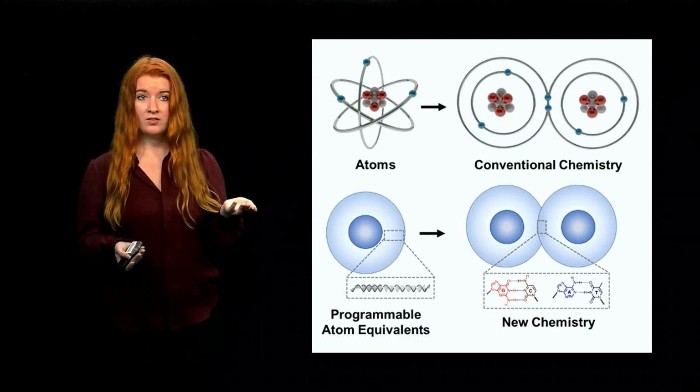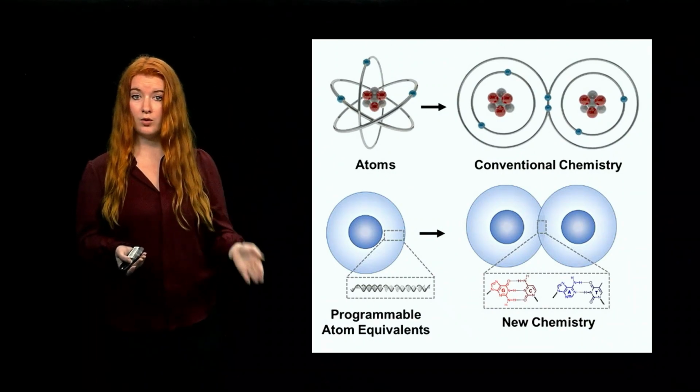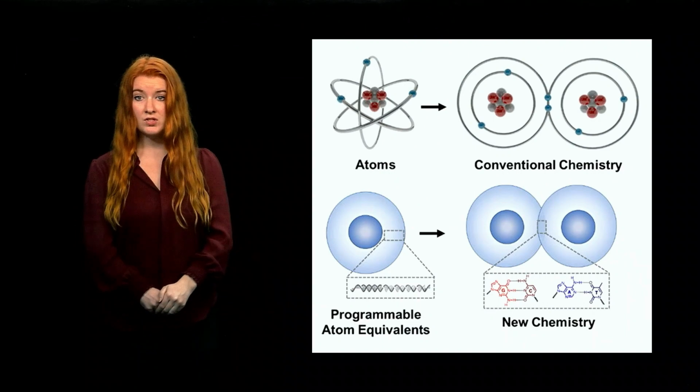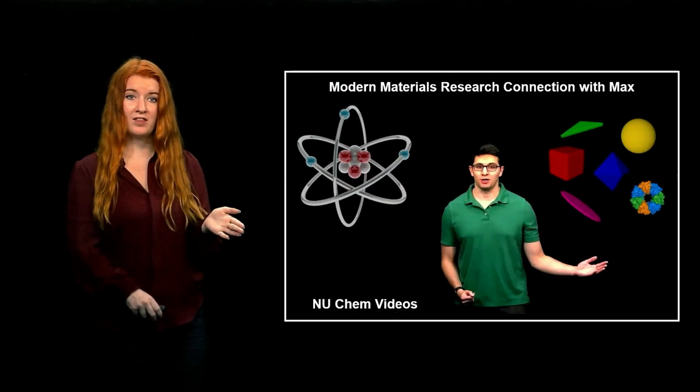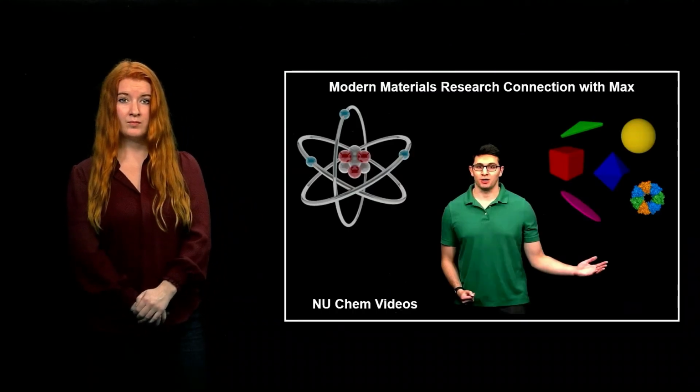And the DNA-modified nanoparticles that I just mentioned interact with one another to form materials through molecular DNA bonds. In this way, they can be likened to atoms and are known as programmable atom equivalents, or PAEs. For more information about PAE nanostructures, please watch this accompanying video.